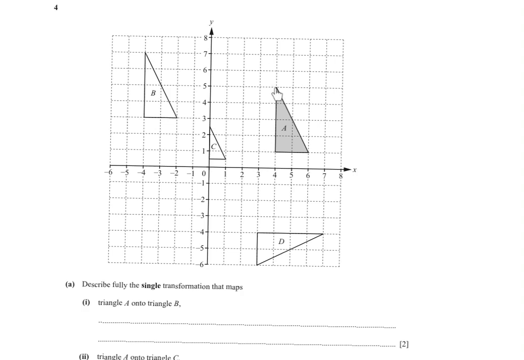How to reach the image? 1, 2, 3, 4, 5, 6, 7, 8. 8 to the left and 2 up. 8 to the left means negative 8, so x displacement negative 8, and 2 up, so y displacement 2. So you can write translation by column vector negative 8, 2.